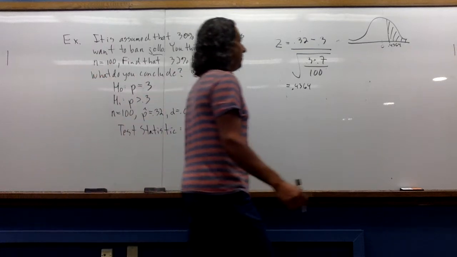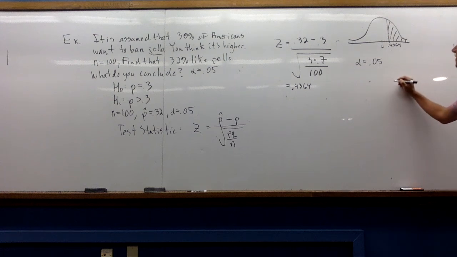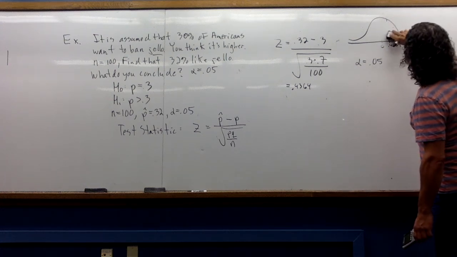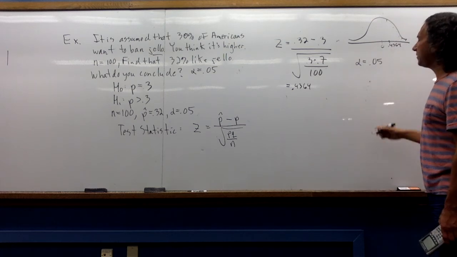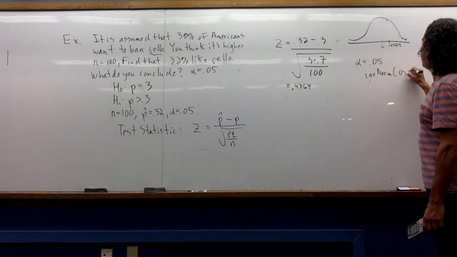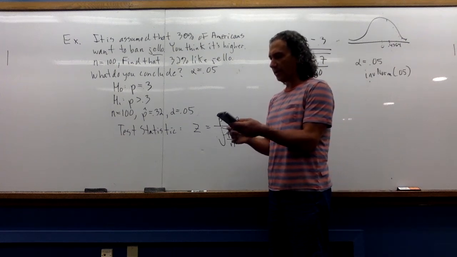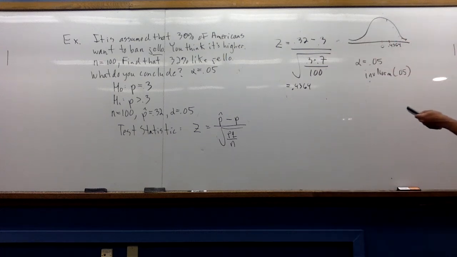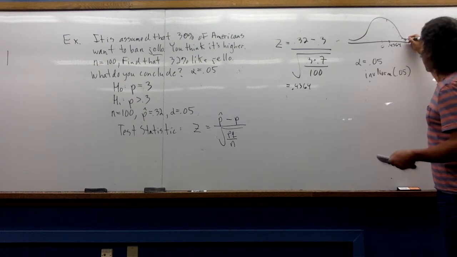So with an alpha level of 0.05, let me sketch in my critical region. With alpha equals 0.05, we could do inverse norm of 0.05. And that'll actually give me the negative of what I want because it's the inverse of the CDF. And we get 1.645, just as we got last time.